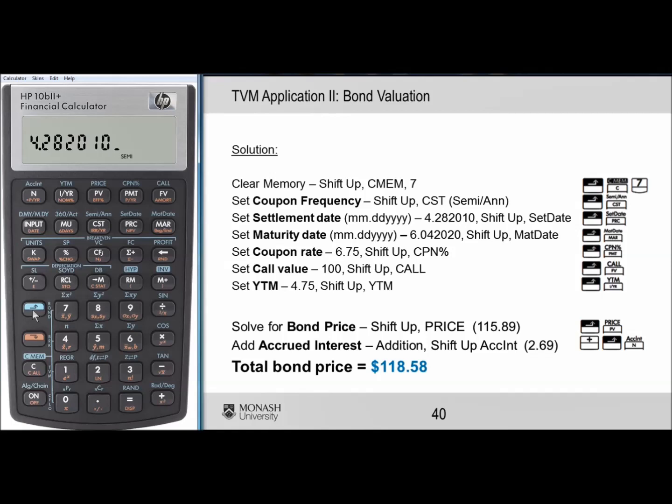And that is to set the date. Next, to set the maturity date, which is June the 4th, 2020, so 6.04 2020, shift up, mat date.